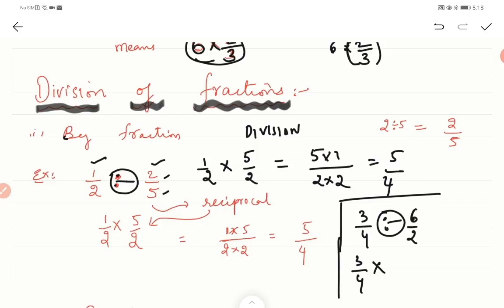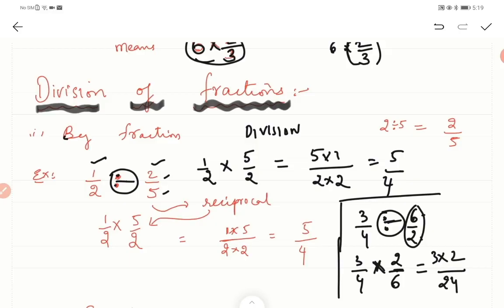It is 6 by 2, so now it will become 2 by 6, because we know that multiplication and division are reciprocals of each other, isn't it? So if I want to convert this into multiplication, I need to just reverse 6 by 2 as 2 by 6, the reciprocal. Okay, so this is nothing but 3 into 2 divided by 6 fours are 24.